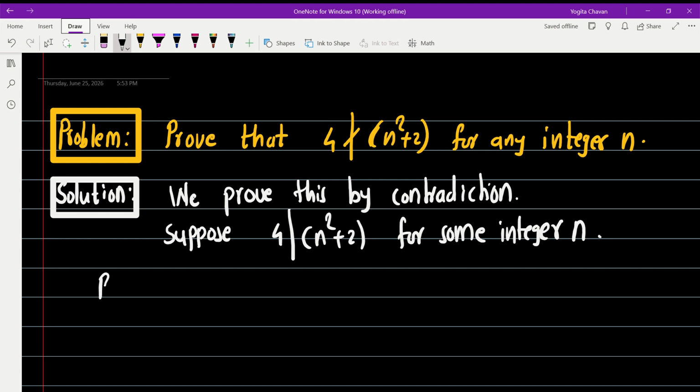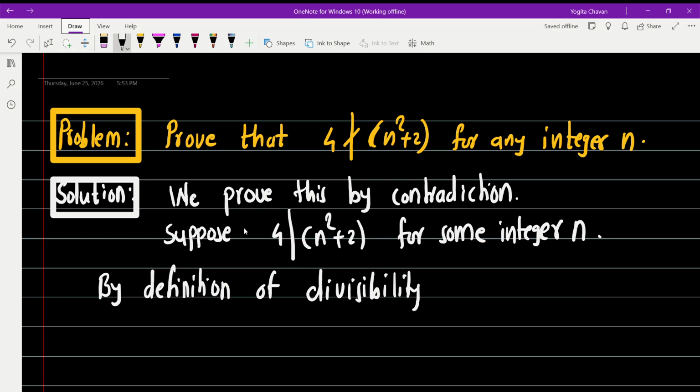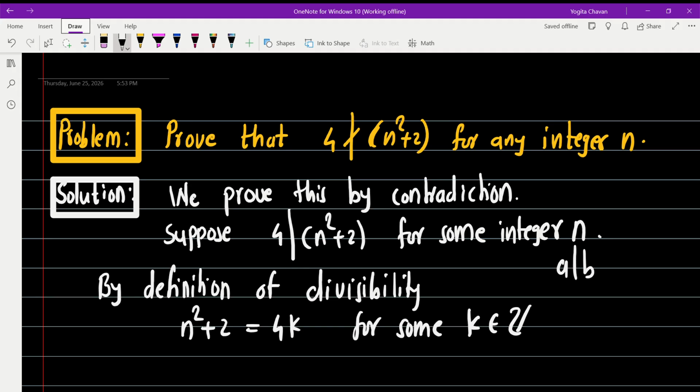So by definition of divisibility, this n square plus 2 is equal to 4 into k for some k belongs to z, that is for some integer k. डिविजिबिलिटी की डेफिनेशन आपको पता होगी कि a divides b का मतलब क्या है, this is if and only if b is equal to a into some integer c.